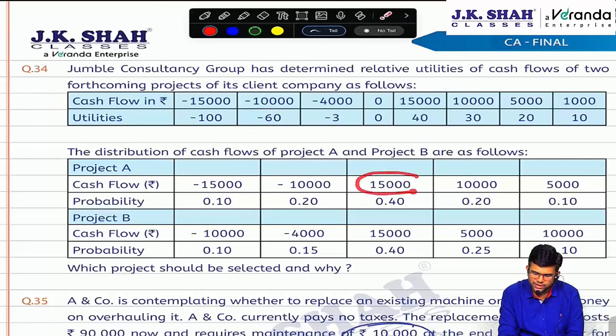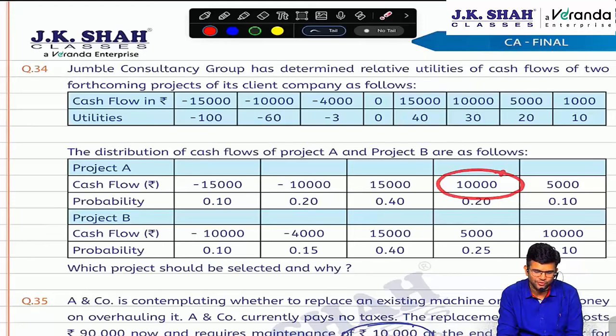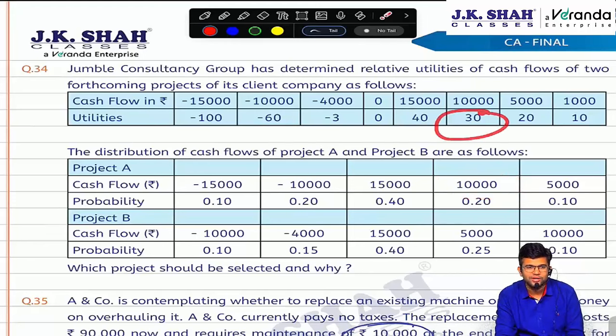If you get positive 15,000 cash flow, no, 40 units of happiness, khushi. If you get 10,000 cash flow, no, you will get how much? 30 units of happiness. I hope everyone is under. Oh God. Now see, when you come to final, you realize how irrelevant diminishing marginal utility concept was. Because how the hell can you draw a graph for utility? How can you quantify happiness? Looks like my stipend.